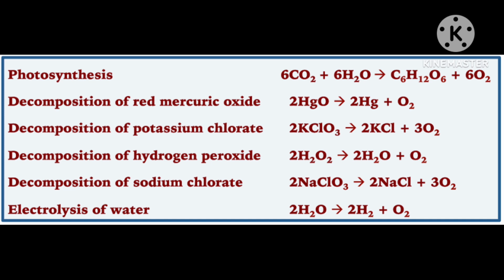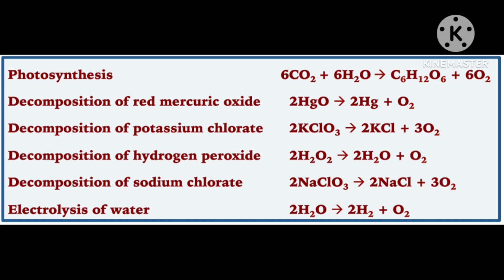Now again, listen to other things. The oxides which give a base with water are known as basic oxides. Examples: Na2O, CaO, BaO, that is sodium oxide, calcium oxide, barium oxide, all are basic oxides.